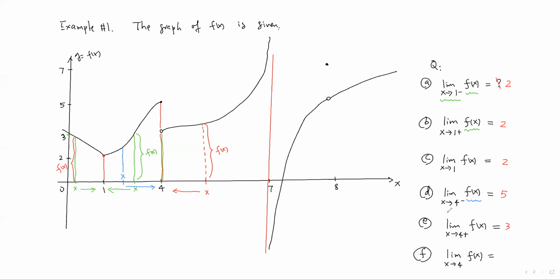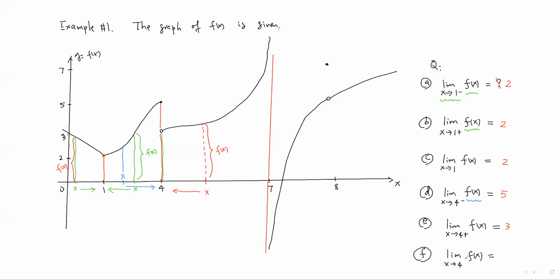From part D, we saw that when x approaches 4 from the left, the function approaches 5. When x approaches 4 from the right side, the function approaches 3. So when x approaches 4, the function has 2 different limits.